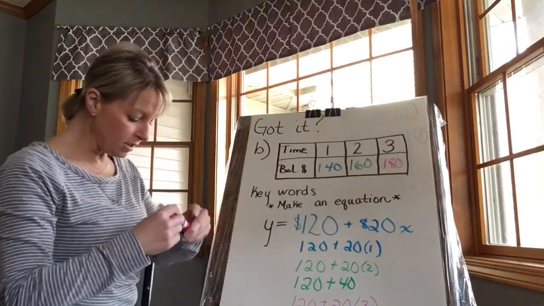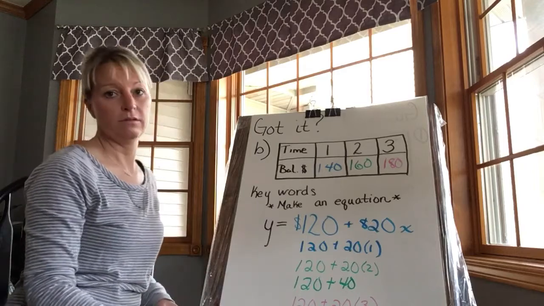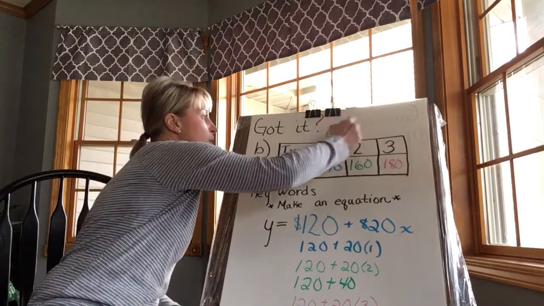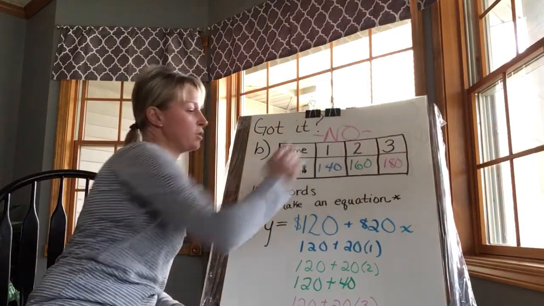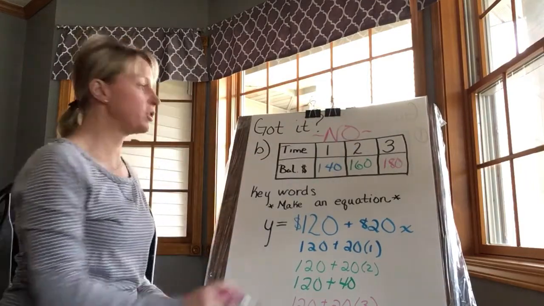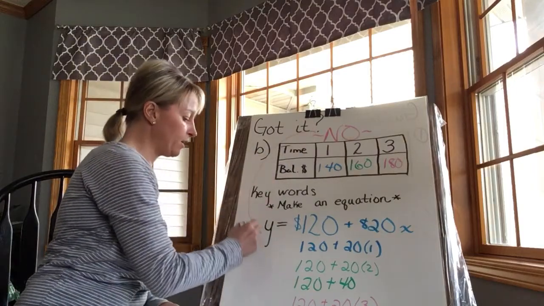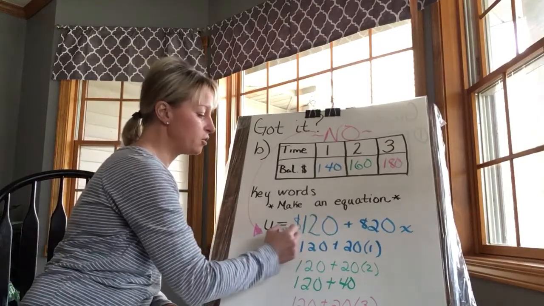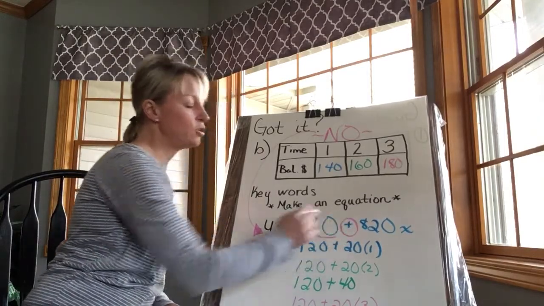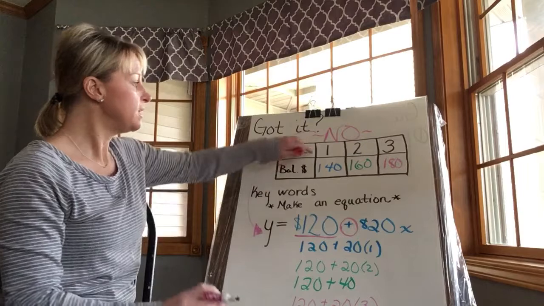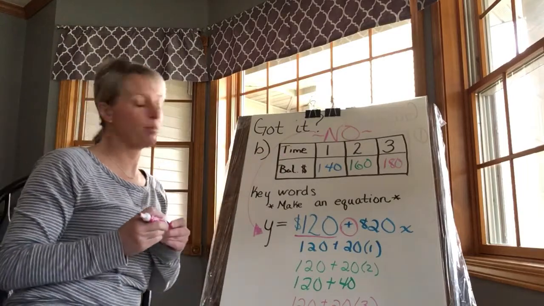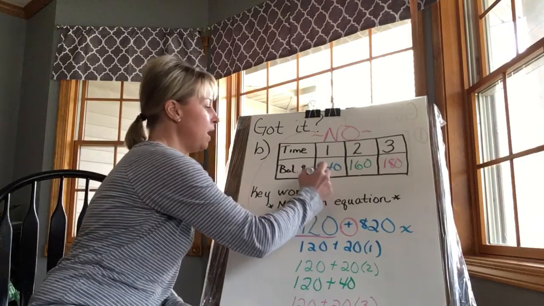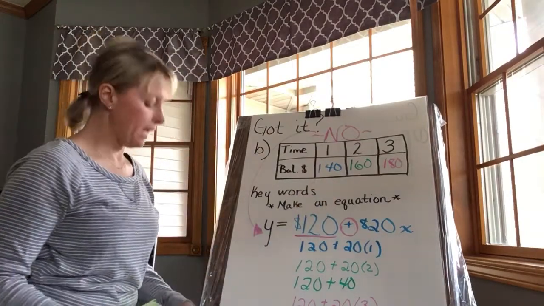So then we're asking ourselves, is this proportional? The answer is no, it's not proportional. And we know it's not proportional because we can look at our equation. If you remember before, I said if you ever start with something and add to it, it can never be proportional. So if I look up here at my proportions, I'm going to take y over x.